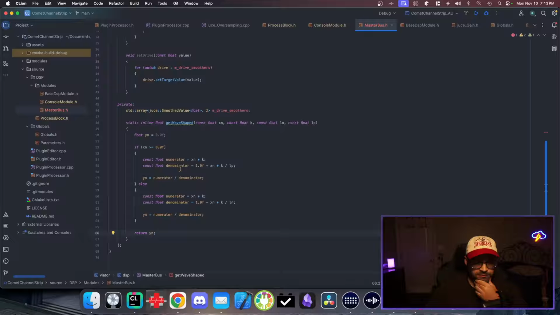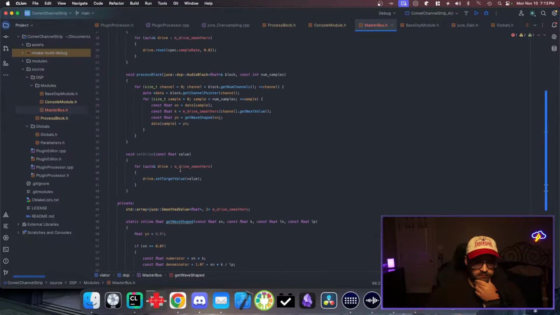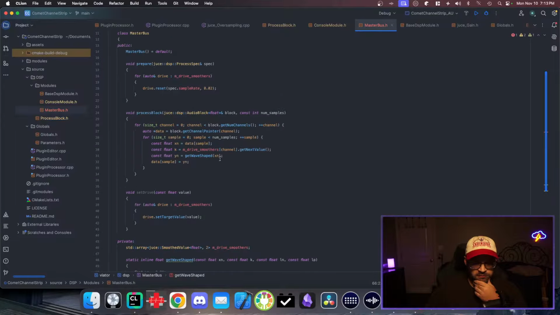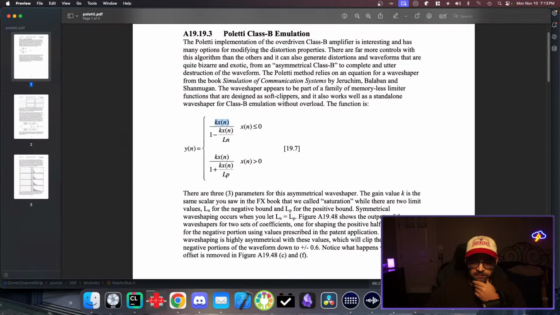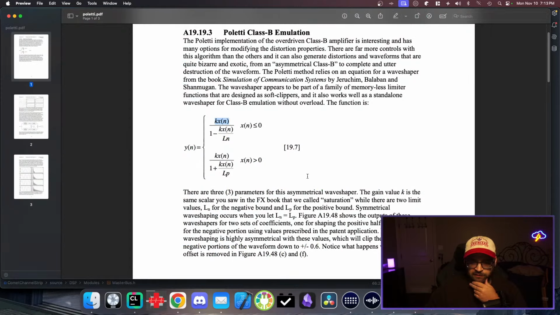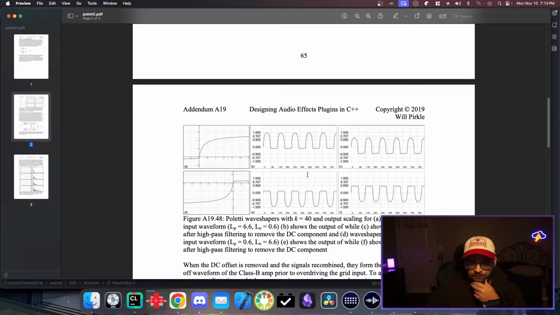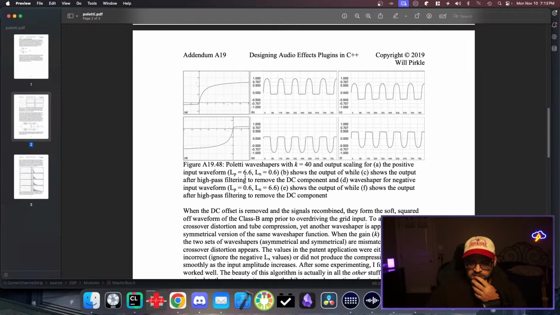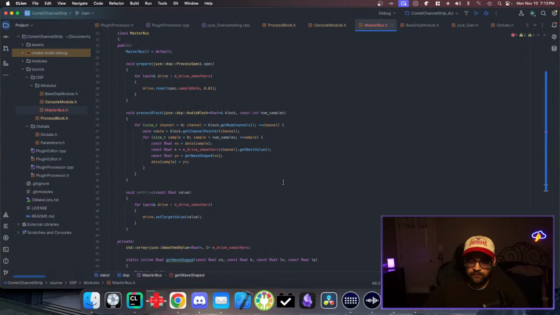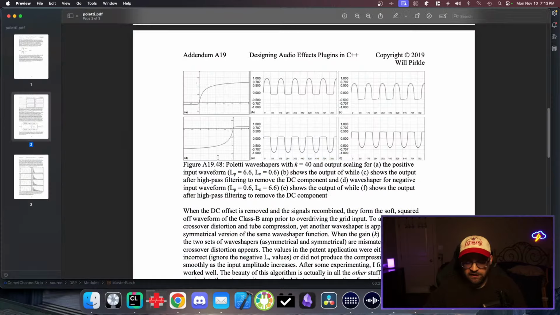Let's just make sure it worked. So for K, LN, and LP, I'm just going to go to the paper and just put in some of the values he had as an example. So 6.6 and 0.6. Okay. And they have a K of 40. Okay.